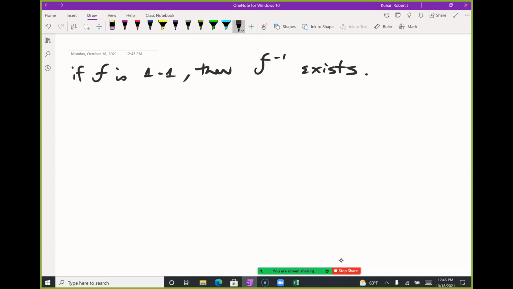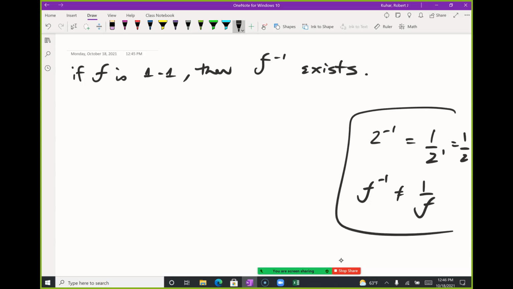It's read f inverse, right? So if you see 2 to the -1, it doesn't mean the inverse of 2. It means the reciprocal of 2, and they're different, right? So this is 1 over 2. But f inverse does not mean 1 over f. Okay? So just be careful of that.